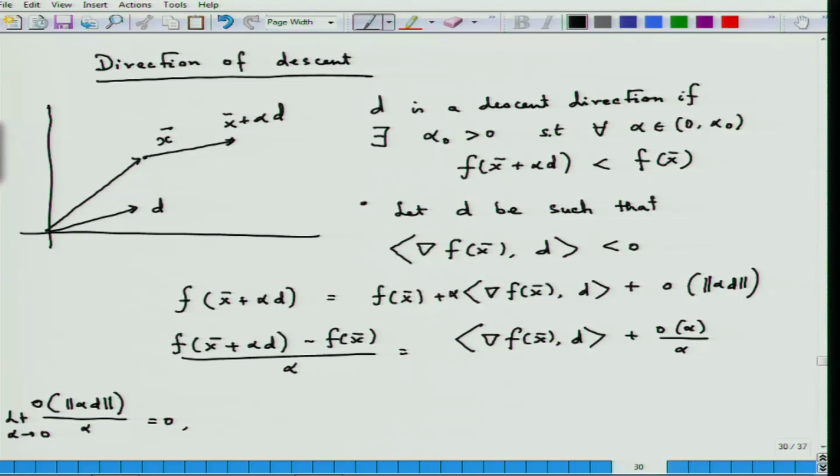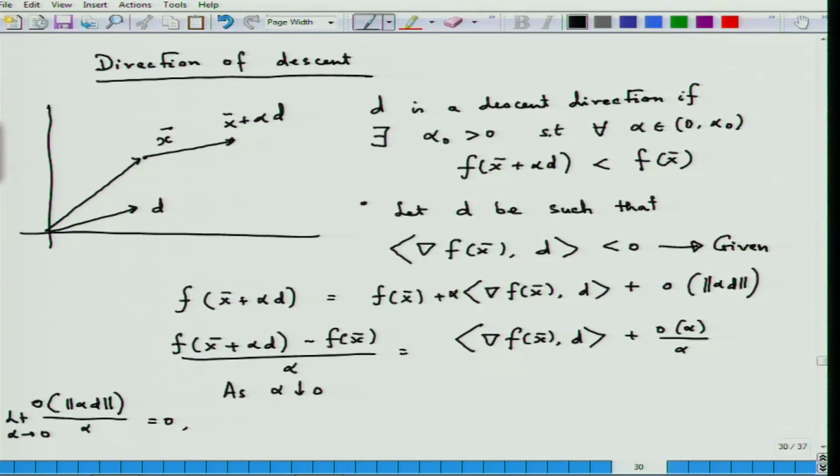This is given to me. What happens is that alpha is taken to be greater than 0 here. So, as alpha goes to 0, this symbol means alpha is positive and going to 0, then this quantity actually goes to 0.